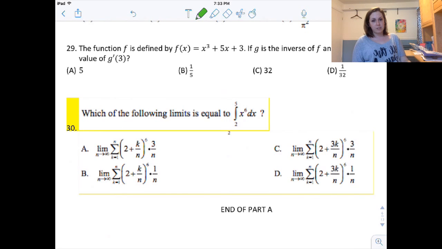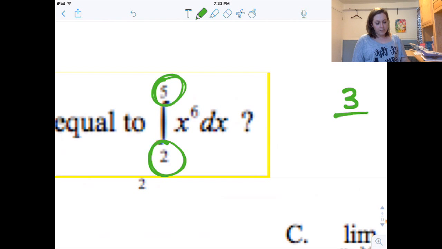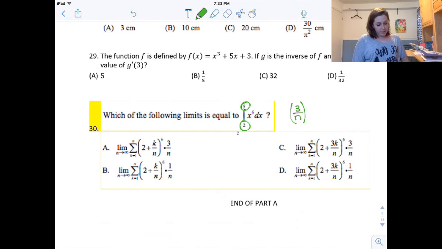So, first thing I always look at is the width of my interval. So this is 2, that's 5. So my interval width is 3. So what I want to see in my limit is 3 over n as my width. And so anyone where it's only 1 over n, I'm going to cross out because that would tell me my width is only 1. Now, I need to plug in to my formula.